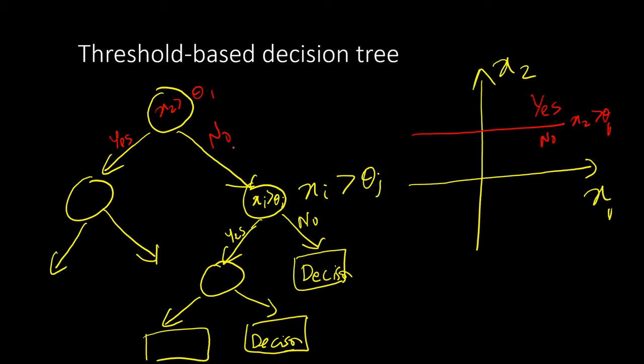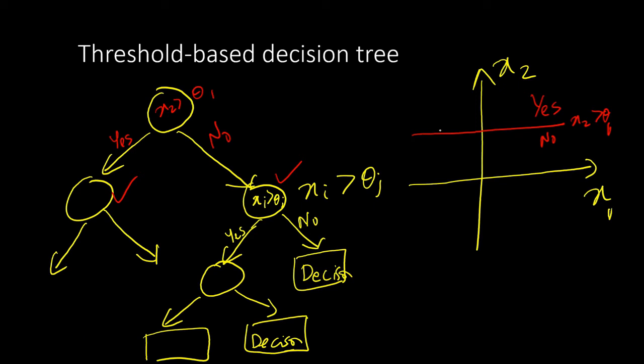All training points will be divided into one of these 2 sets. Either they are yes as per the root node, or they are no as per the root node. All the yes ones will go to this node, all the no ones will go to this node. Now let's change the colors a bit.